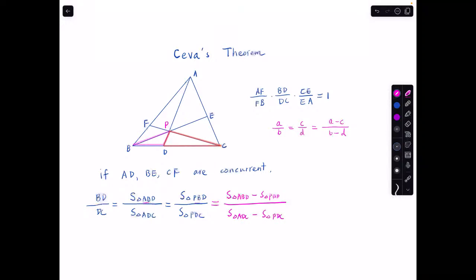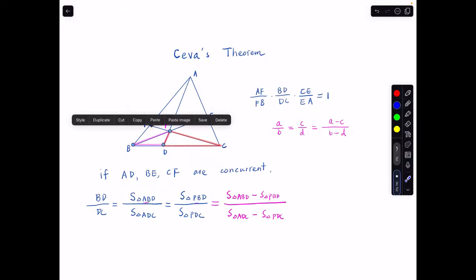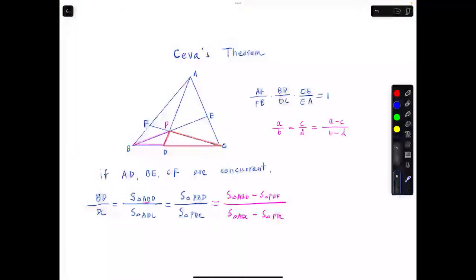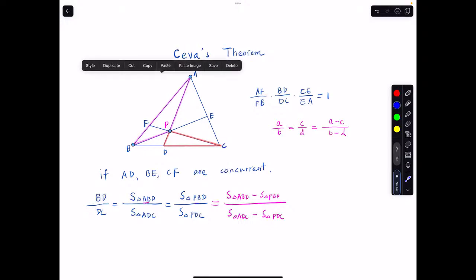Okay, so what is the subtraction of the two areas? Now earlier we said that the bigger one would be this one, right? Minus the smaller one. So the result is going to be the remaining one, which is this triangle here, right? So that would be the difference on the top. Let's write it here.